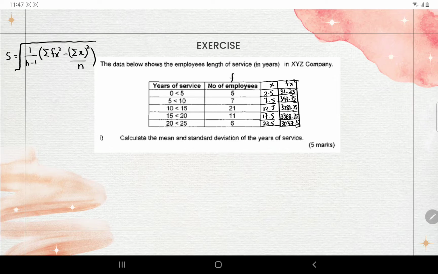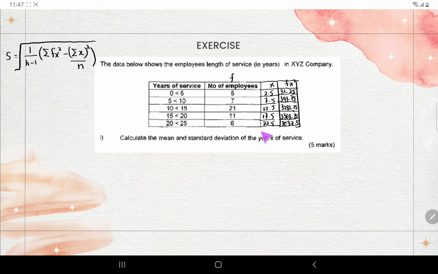I think we need to add one more row here at the bottom, because we need to find the summation for fx square and also the summation for x, to be inserted in this formula.